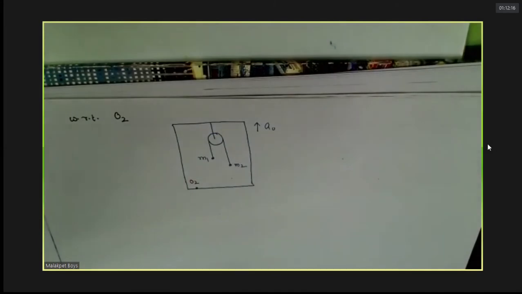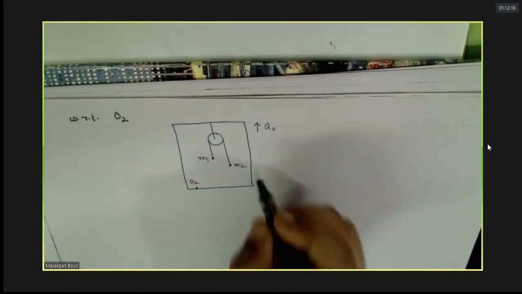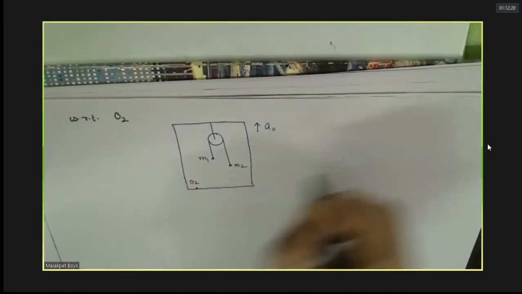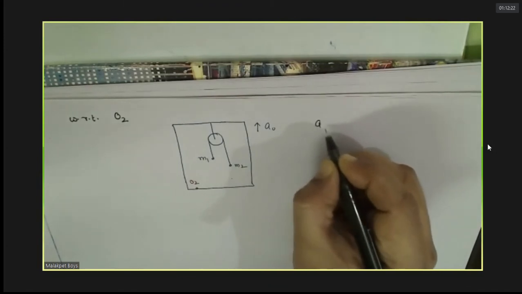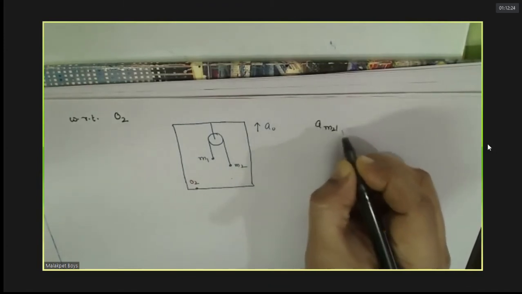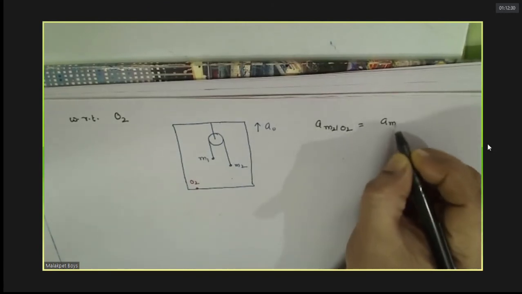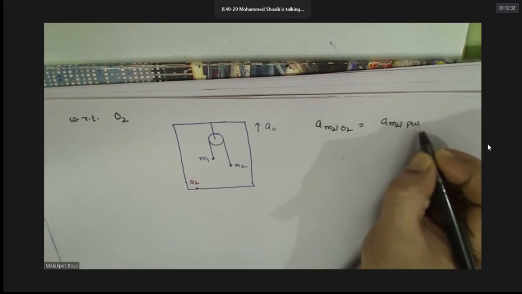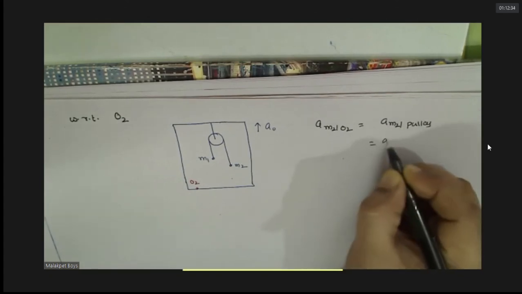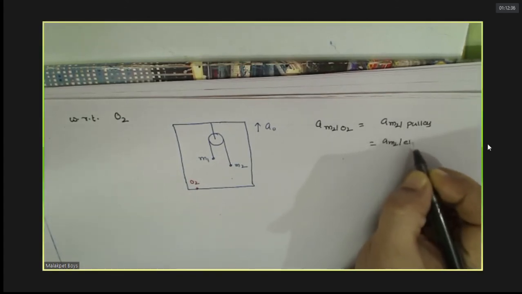Now with respect to O2, what we have taken: acceleration of M2 with respect to O2 is nothing but acceleration of M2 with respect to the pulley, that is, M2 with respect to the elevator.